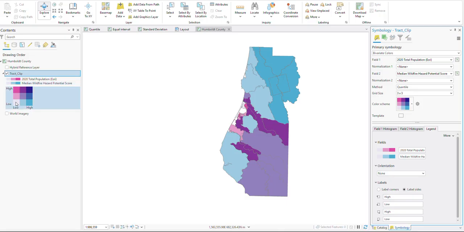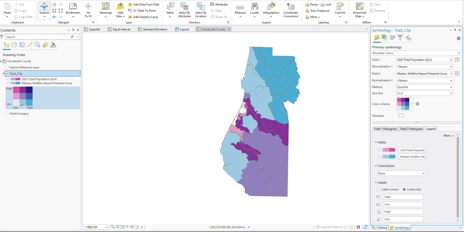That's the horizontal axis. This is low, this is medium, and this is high wildfire hazard potential score. So this whole row is low, this whole row is medium, this whole row is high. And then we could layer on top of that the population density, or the population.